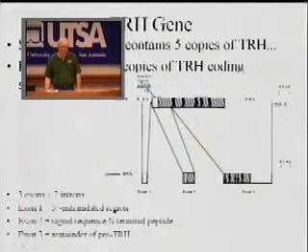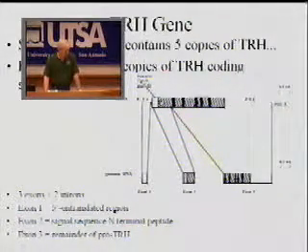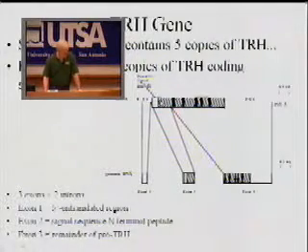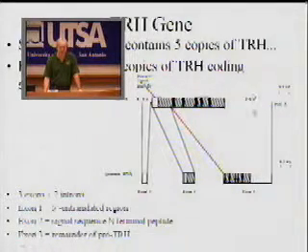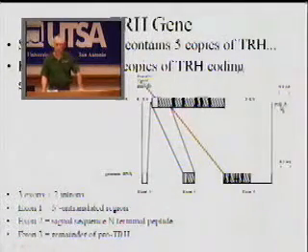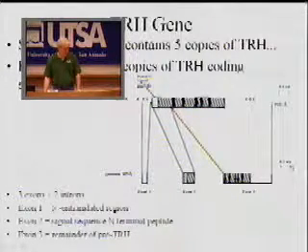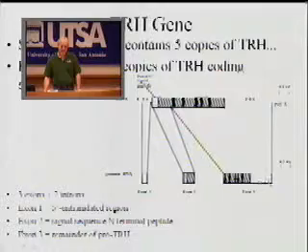So here's the putative signal peptide noted here. And of course the remaining part of it from exon 2 is going to be the N-terminal peptide. So there's a site of cleavage somewhere in here. Exon 3 is the remainder of the pro-TRH molecule. Now remember as well, exon 3 contains a 3' untranslated region upon which the poly-A tail would be added. So note the scale bars here, 0.1 kilobases for the messenger RNA, 0.2 kilobases for the DNA.